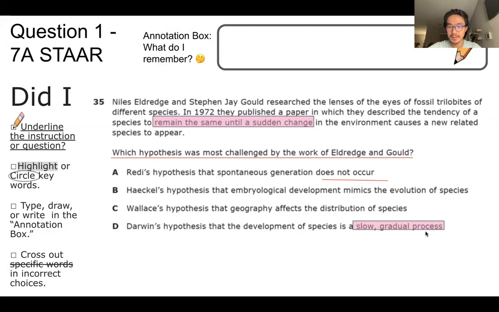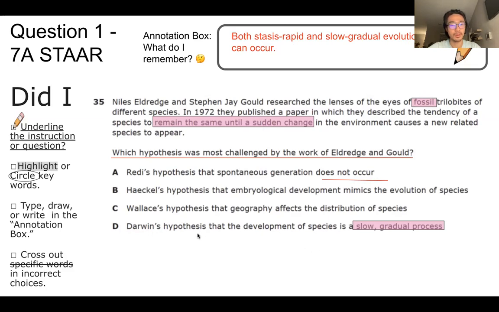We also see in this answer choice that Darwin thought that development of species is a slow, gradual process. So that's kind of two ideas. And we also think about fossils. So we know from fossils that both punctuated equilibrium, which is stasis and rapid change, can occur, and slow, gradual change can occur. So both can occur. But this was actually a discovery that taught us this lesson, right?